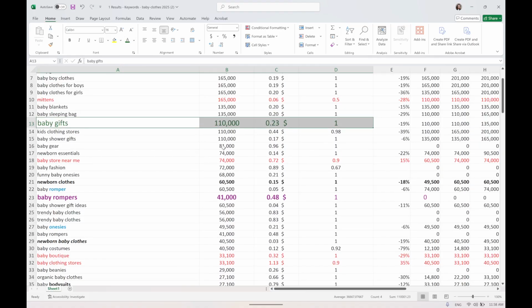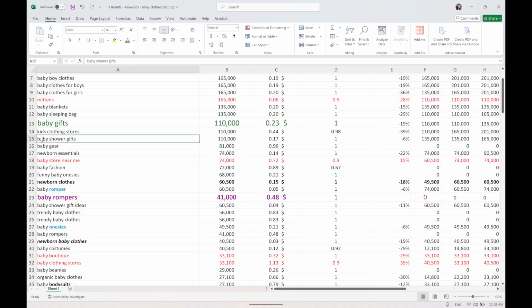This keyword has a very high search volume and a considerably, not very bad, in fact, average CPC. A little bit longer tail keyword would be baby shower gifts, a little bit more narrowed down.